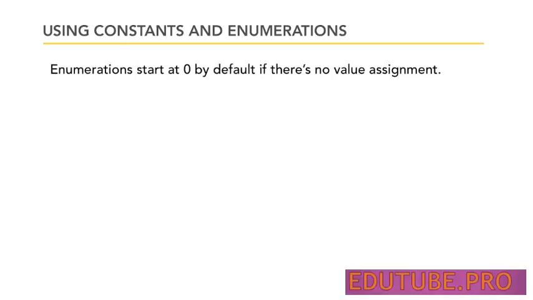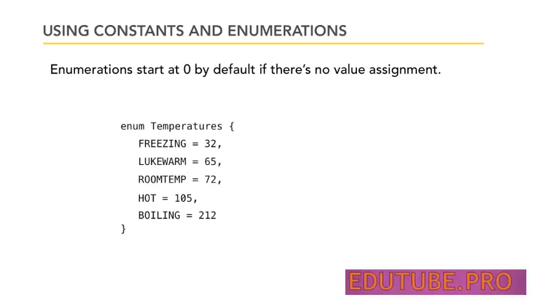Enumerations start off at 0 by default if there's no value assignment. So for example, if we have our temperatures enumeration and we put something at the front of it, like say really cold, that's going to default to the value of 0 unless you explicitly assign a value to it. So to build an enumeration, you simply have the values that you want to assign to words, which are easy to read, and if you don't assign it, then it defaults to 0.